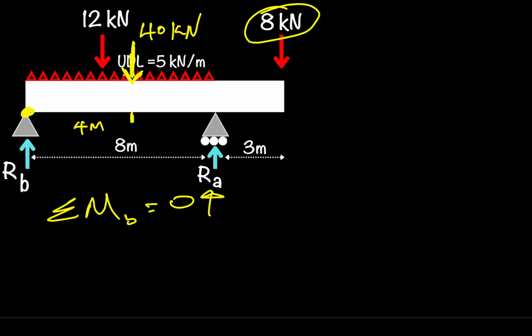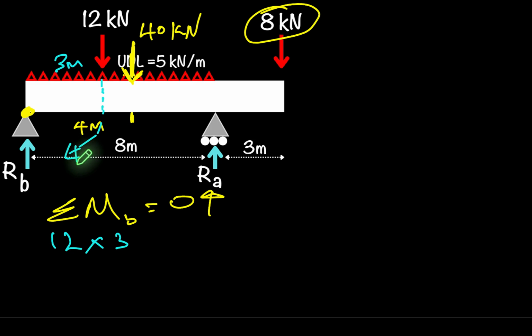So we have this 12 kilonewtons right there, and we must not forget to include that dimension. So let's say it's acting 3 meters from point B. So what we would have here is 12 multiplied by 3, and it's going clockwise. That force is trying to rotate clockwise, so that's going to be positive.